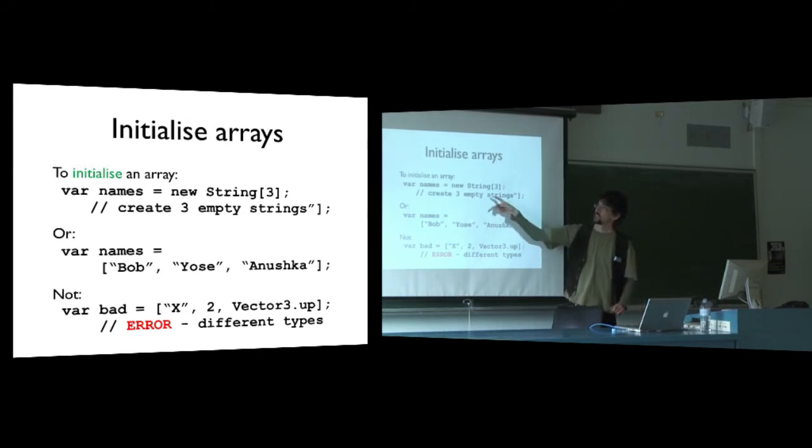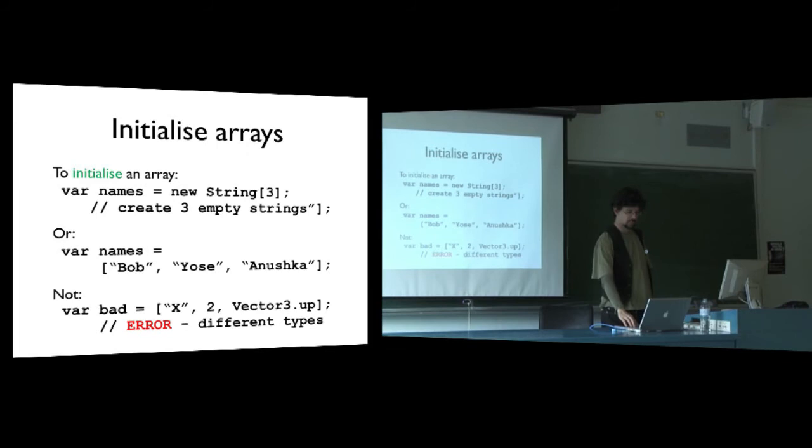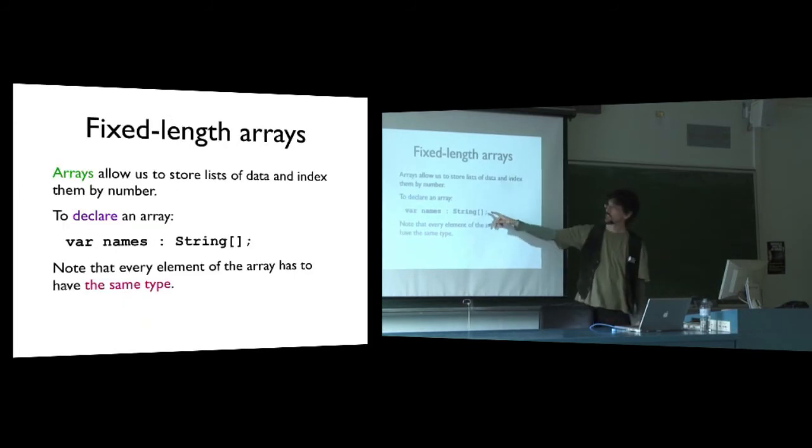We can also initialize an array, and when we initialize an array, we specify its size. If we just declare an array like this, with no size in there, then it's up to you in the inspector to set the size of the array, how big it's going to be.